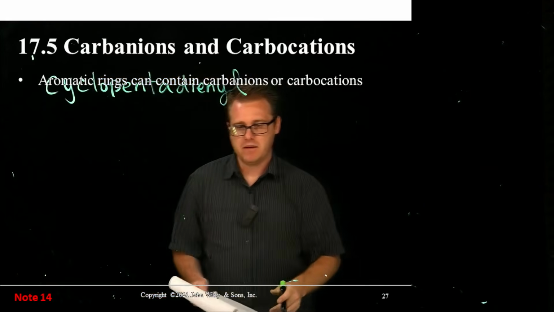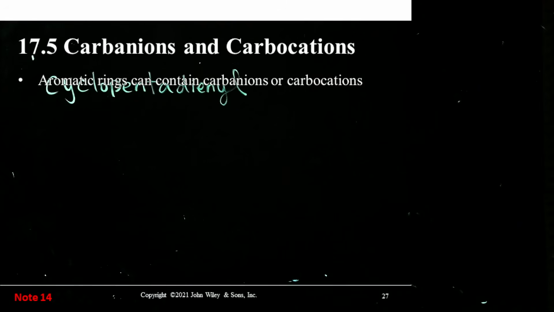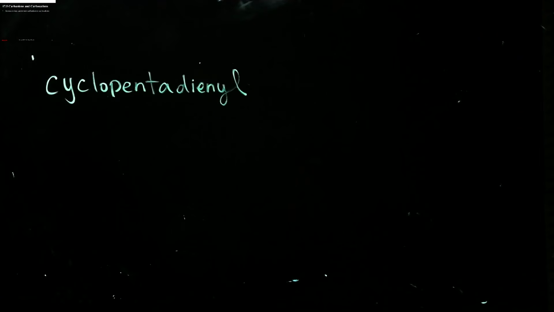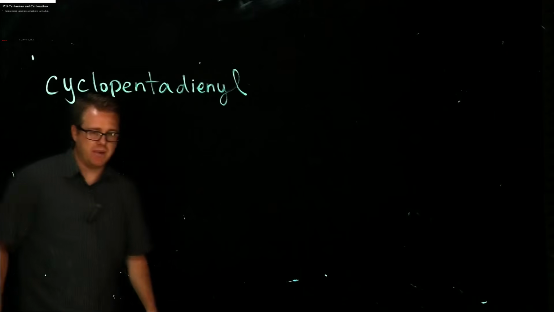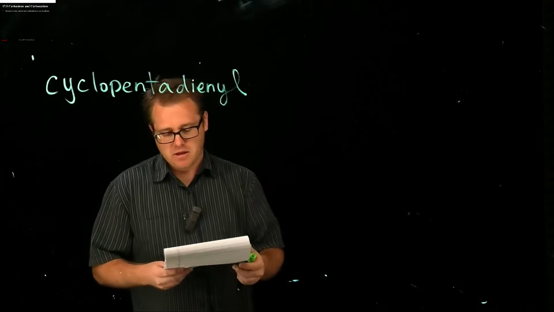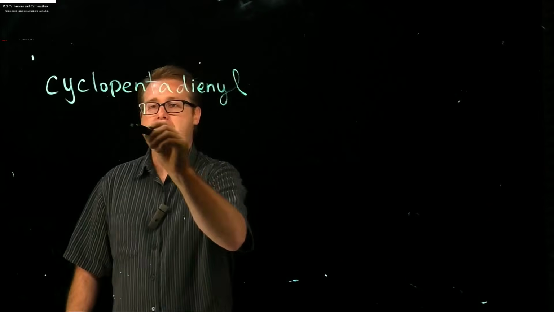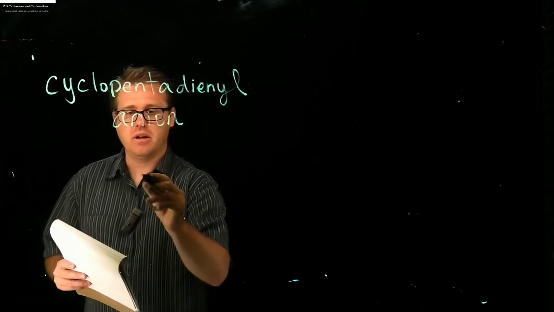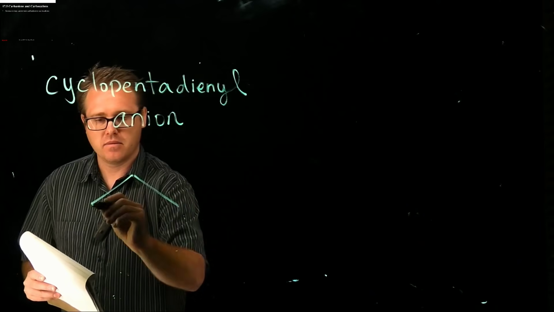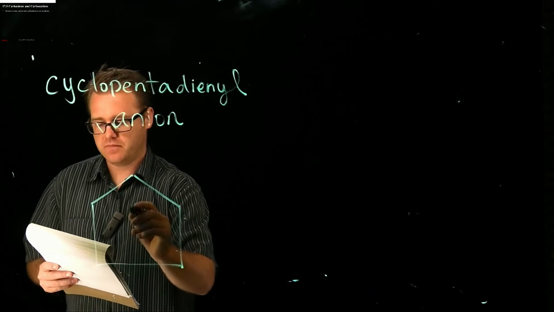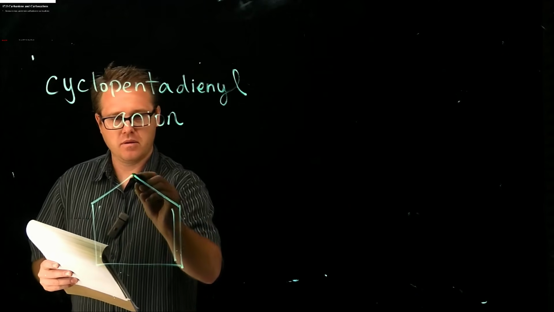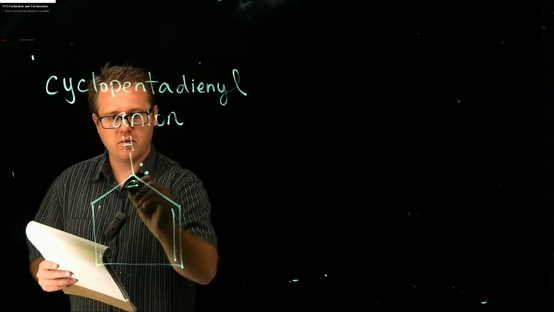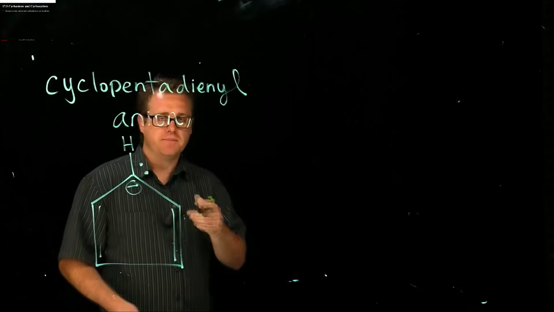That's one squeaky pen. Let me get rid of that slide so we can see it a little bit better. Okay. So we have the cyclopentadienyl anion. All right. And what does that look like? It looks like this. It has a lone pair with a formal charge of -1.